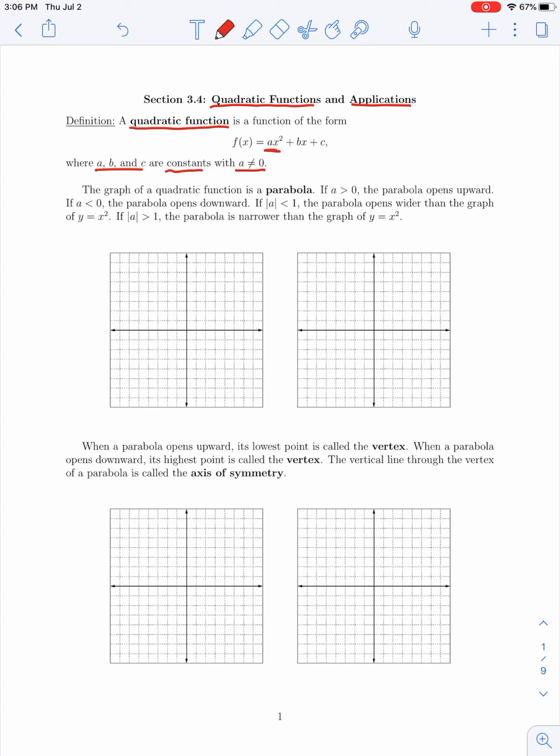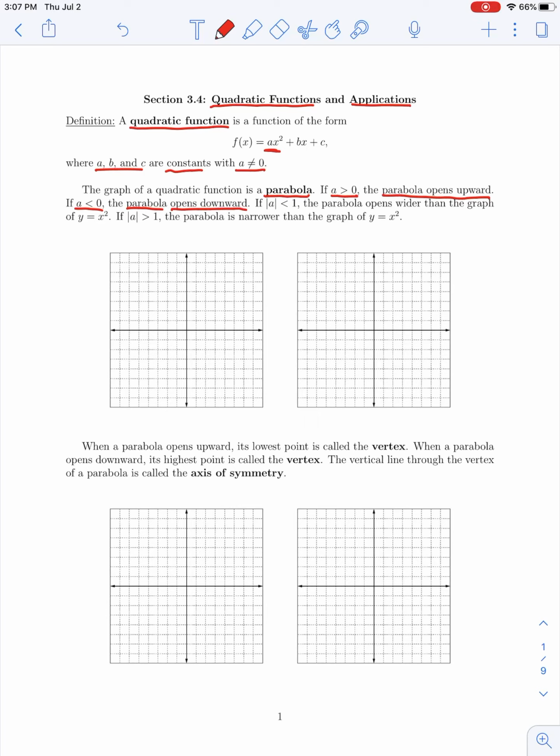Now the graph of any quadratic function we know is a parabola. In particular, if a is positive, that is if the coefficient of x squared is positive, then our parabola opens upward. And if a is less than 0, our parabola opens downward.